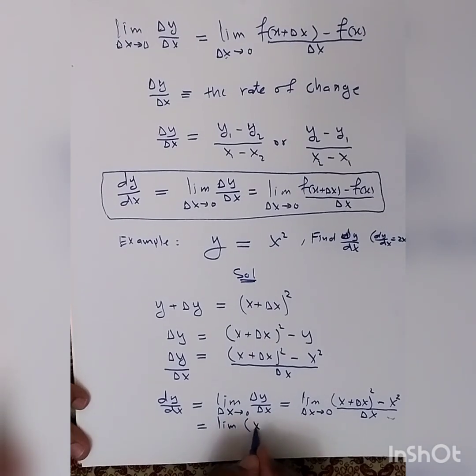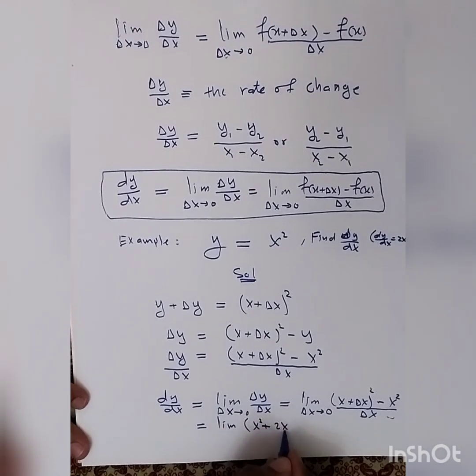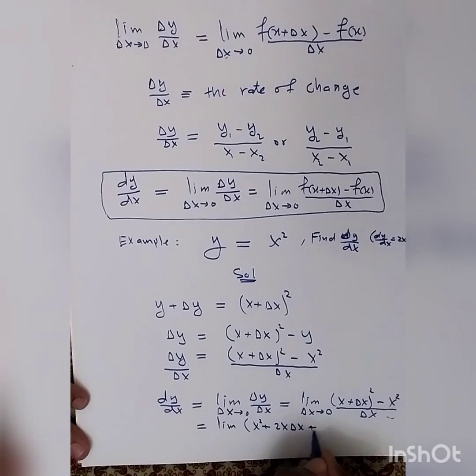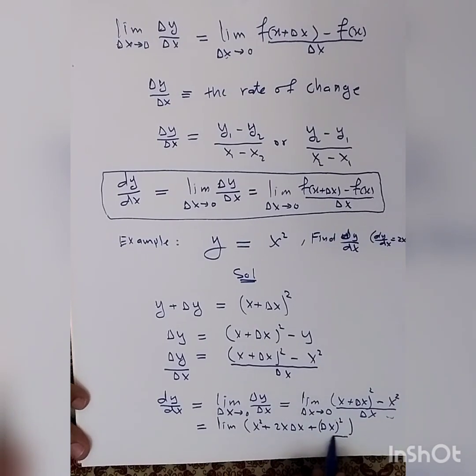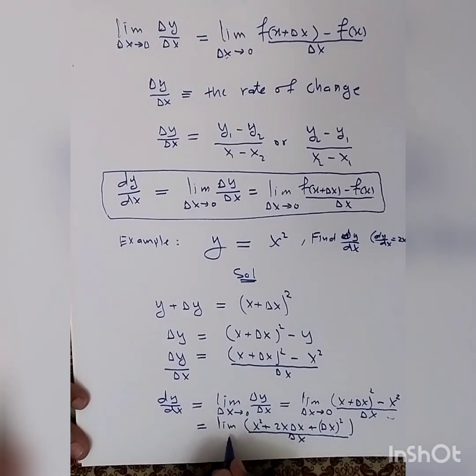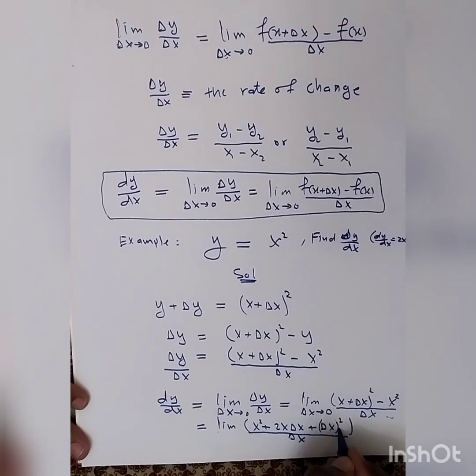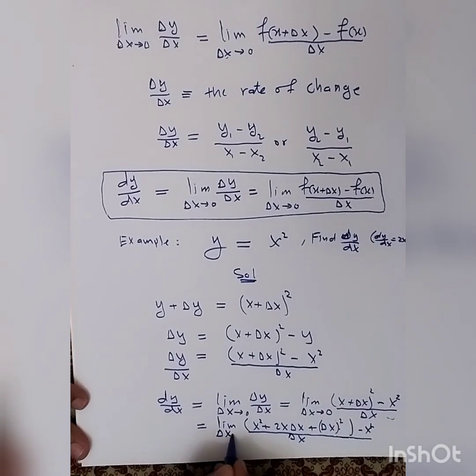If we expand this, we get x squared plus 2x delta x plus delta x squared. Then we divide everything by delta x, and then we take the limit. Sorry, we have again minus x squared. Don't forget it. So then as delta x goes to 0.